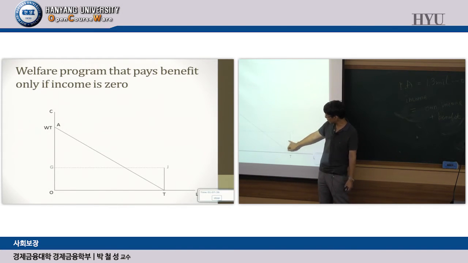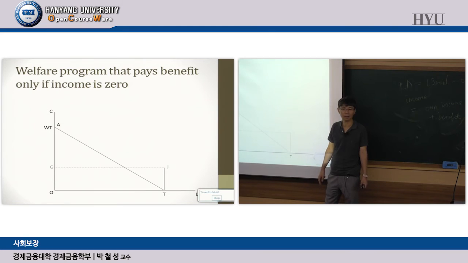And in this case, what is the implicit tax rate? 0? If you start working, your total income will actually be lower compared to not working, right? So what is the implicit tax rate? More than 1.